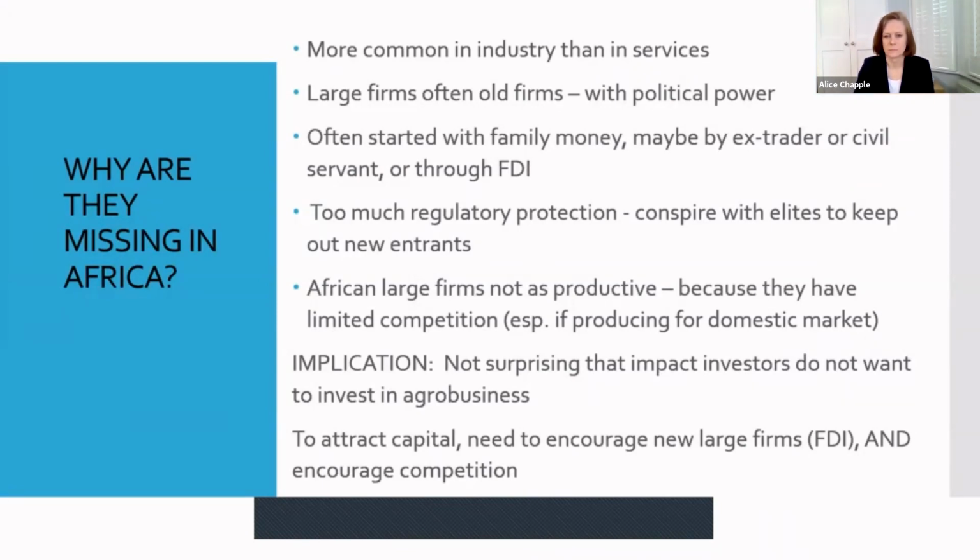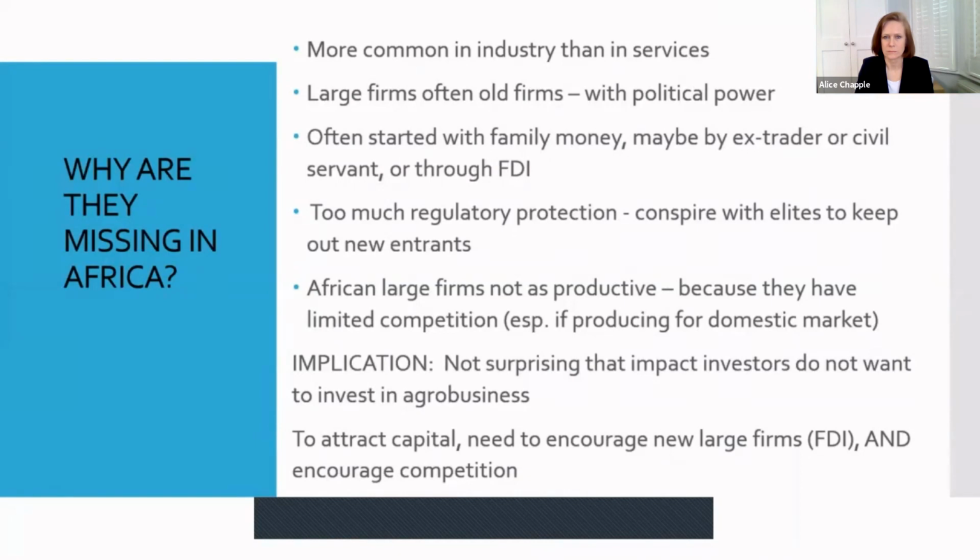It's hard to identify that 10% that might grow. So what I would say is governments and donors and the strategy needs to be to encourage large firms to attract capital and encourage competition. And at the same time, there needs to be a lot more work on the enabling environment in the financial sector.